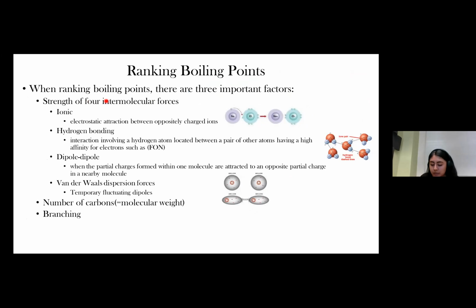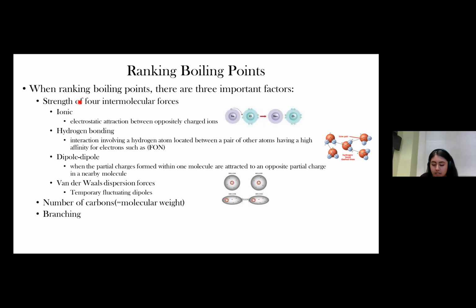The first factor is intermolecular forces. The second factor is the number of carbons. Number of carbons correlates to molecular weight: as the number of carbons increases in a molecule, the molecular weight also increases. And we're also going to look at branches. We're going to talk about each of these points in a minute.